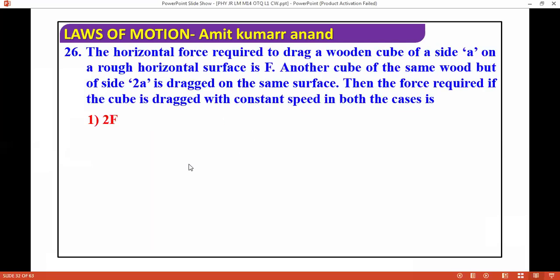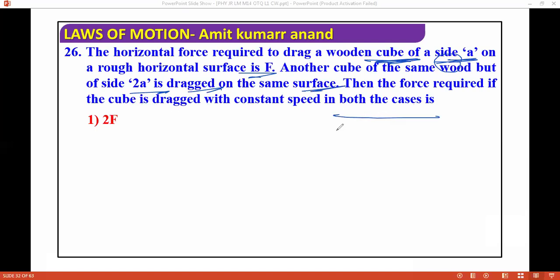Next question. The horizontal force required to drag a wooden cube of side A on a horizontal surface is F. Another cube of the same wood with side 2A is dragged on the same surface. Then what is the force required to drag the cube with constant speed in both the cases?